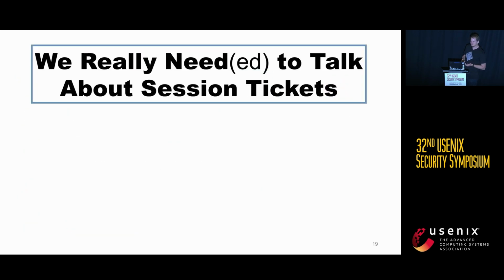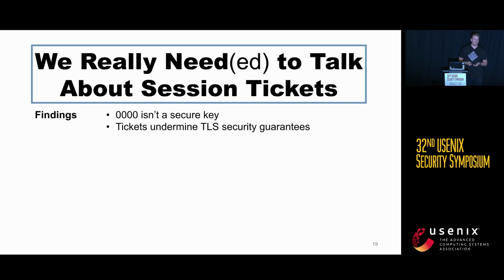To conclude, we've seen that 0 isn't a secure key. We've known that before, but we've seen that it's still used in the wild. We've seen that TLS tickets can undermine security guarantees like forward secrecy and actually do undermine this in the wild, because they might be configured wrong or there is a bug in the software.